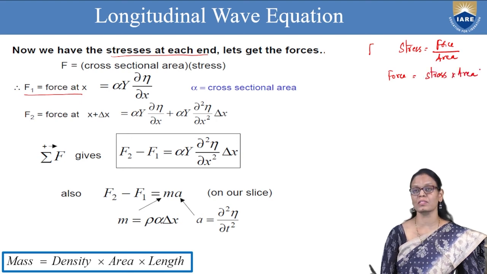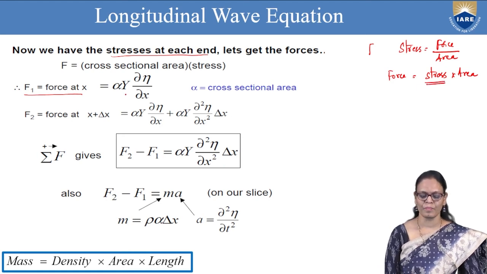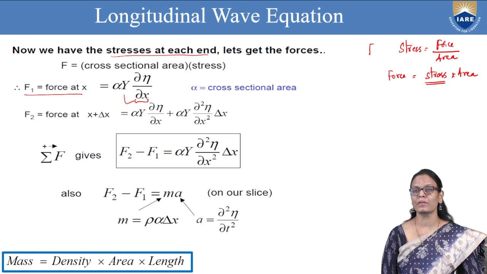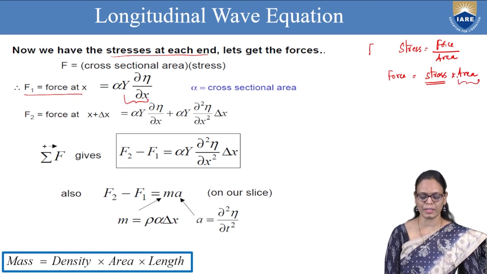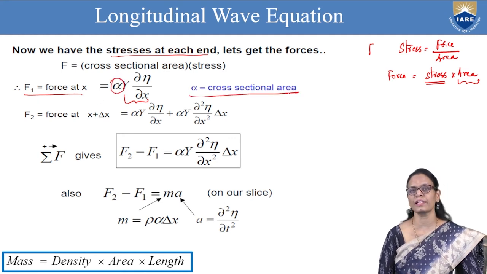Area here is the cross-sectional area. So what is the stress we got at x? Y into ∂η/∂x. And the cross-sectional area is represented by alpha. Alpha here represents the cross-sectional area.